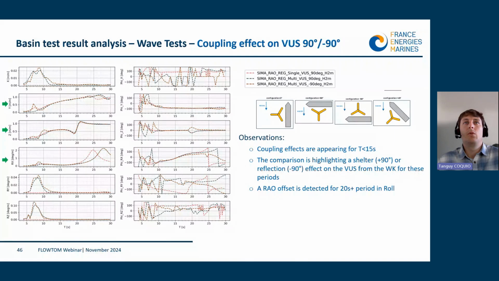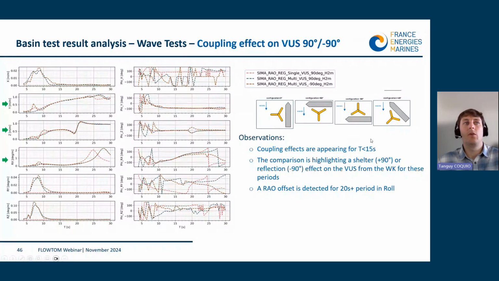I will now zoom into a specific effect that we wanted to investigate during this basin test campaign. It's the coupling effect between the semi-submersible floater and the vessel. What is represented here is only numerical simulations with three types of configuration.